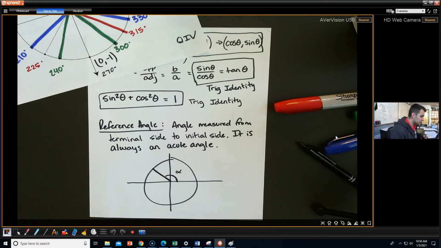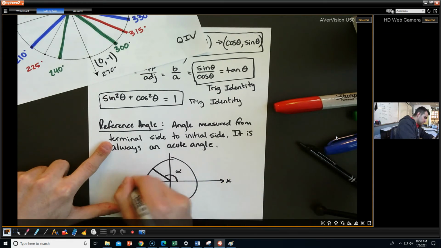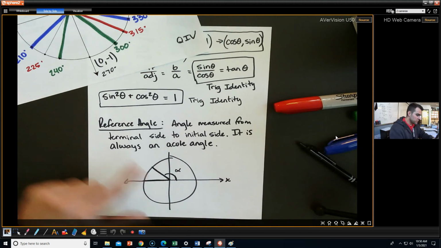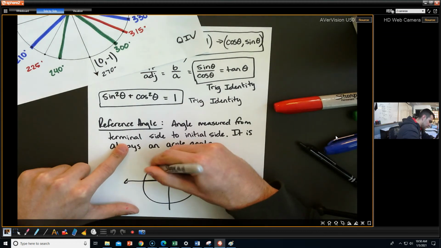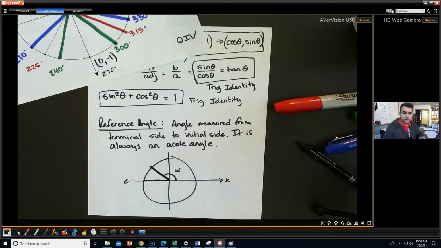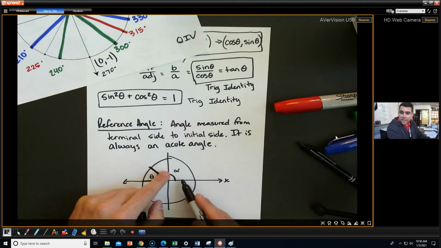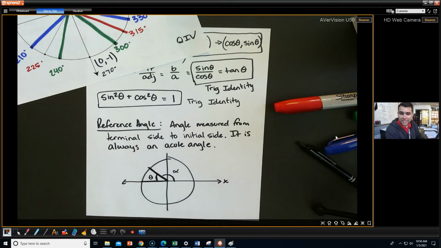I declared that the initial side is always the x-axis. It's always this guy right here. And my terminal side is going to be, well, this guy right here. This guy poking out. So actually the angle that I'm measuring is this right here. It's also acute. This guy is clearly obtuse. It's over 90 degrees, right?